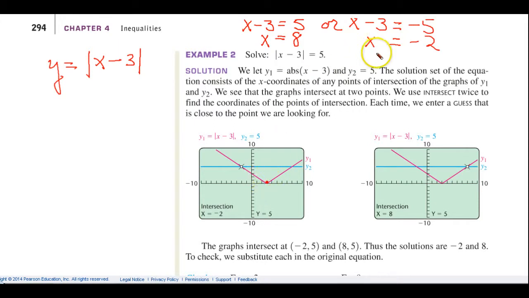Now, we're saying here that this is going to equal either a 5 or a negative 5. And that's what they're showing you right here. Well, there's the negative 2 over there. I guess they're showing it to us here.